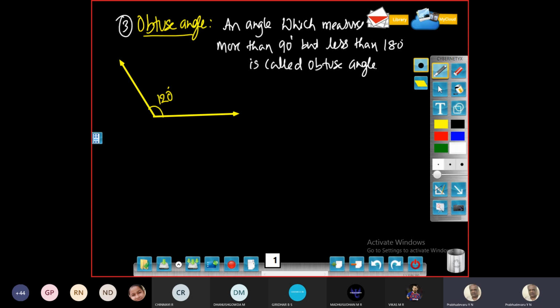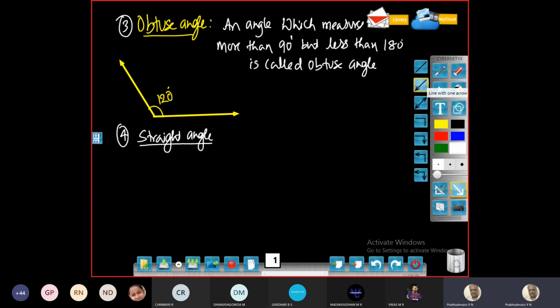Then one more angle, the fourth one, is the straight angle. Let us draw the diagram of this straight angle. One ray is exactly opposite to the other one.